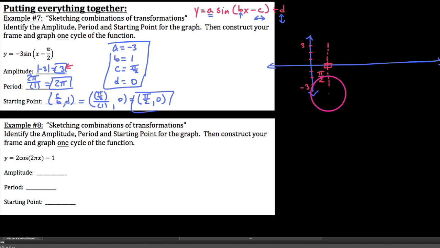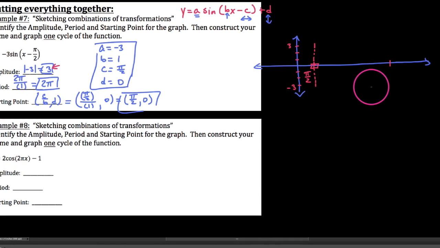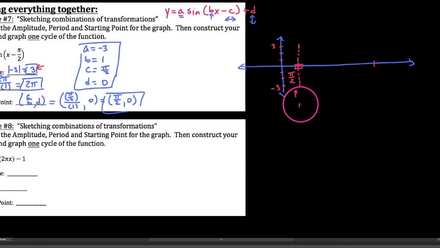Now the length of the frame is equal to the length of the period, and the period is 2 pi. Because I only want one cycle, I'm going to use up a lot of the real estate here. But that does not mean that this is 2 pi right here. What this means is that it's 2 pi plus pi halves. In other words, we need to take the original x value, which is pi halves, and add on the period length.